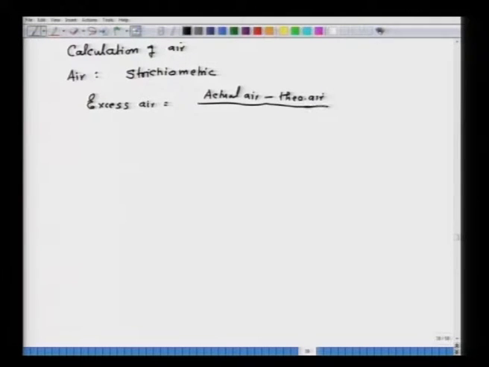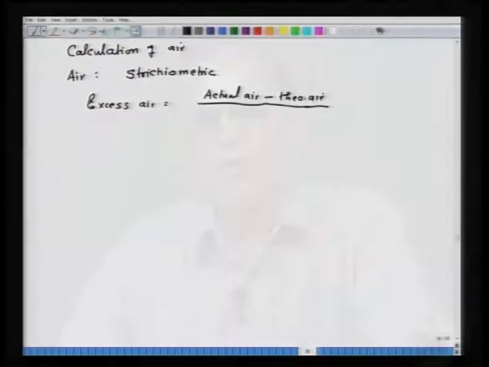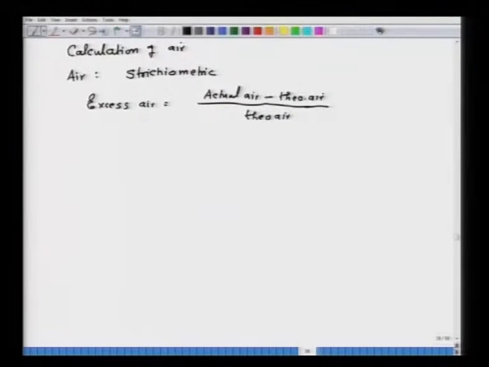Now, this theoretical air is also called stoichiometric air, or air for perfect combustion. All these names mean that you have calculated the amount of air by observing the stoichiometry of the reaction. Excess air is the excess divided by theoretical air, into 100.